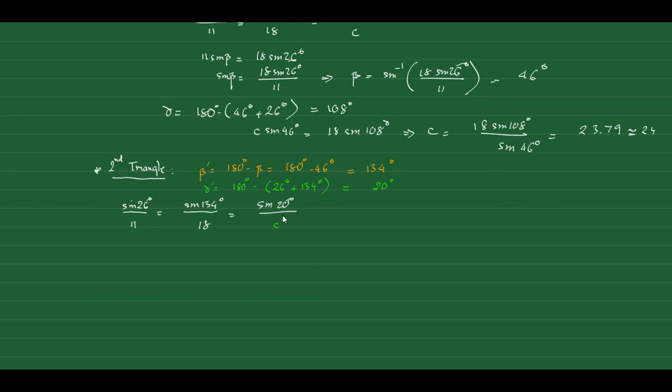Alright, so from here you can calculate C prime easily, right? C prime times sine 134 equals 18 sine 20. Then C prime will be 18 sine 20 over sine 134.